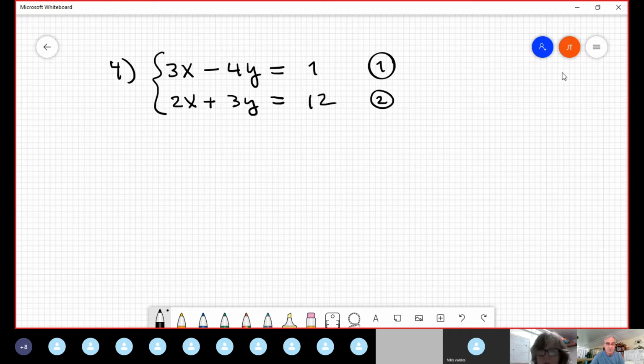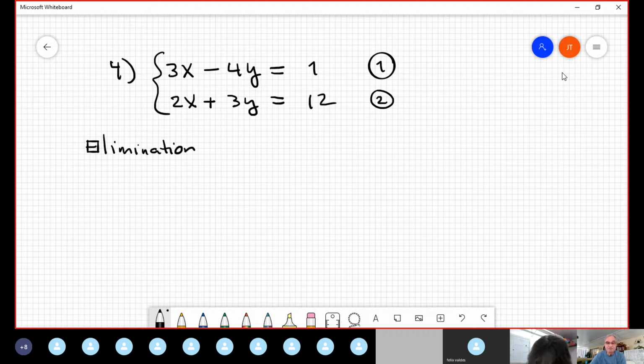This is the system I put together as one mathematical thing we need to solve. Thus I want to use an elimination method.